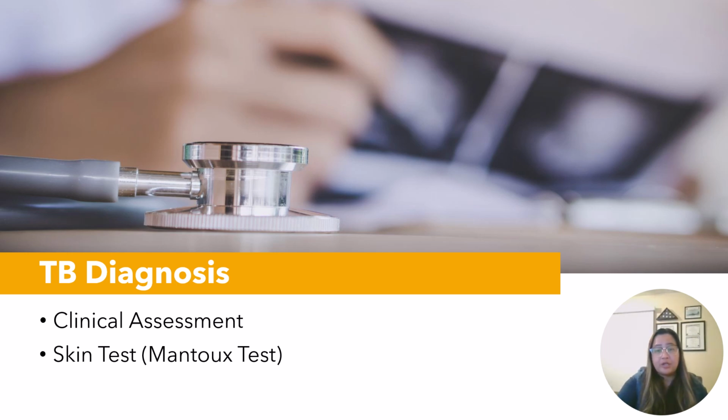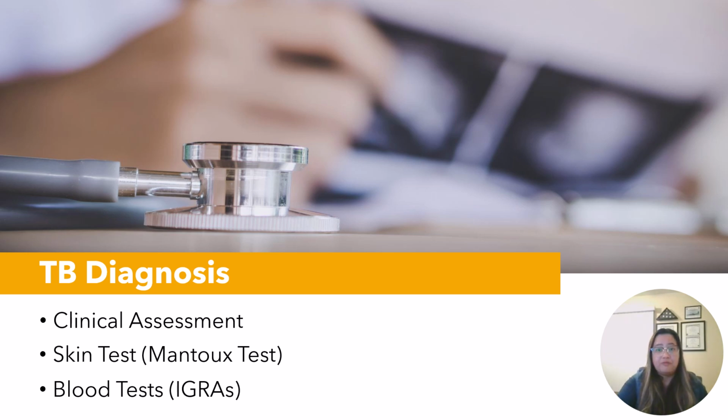Usually, a healthcare provider will measure the induration in millimeters, and the size of the induration will determine whether the test is considered positive or negative. Induration of 5 millimeters or more is considered positive, and no induration or a very small induration less than 5 millimeters is generally considered negative.